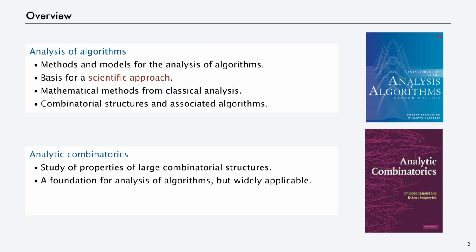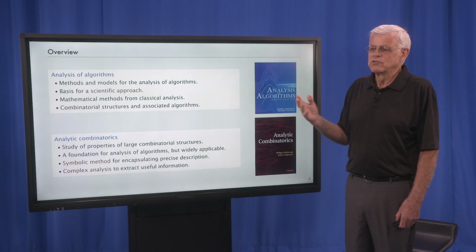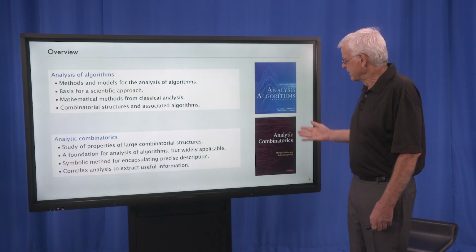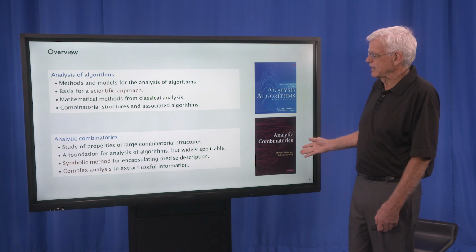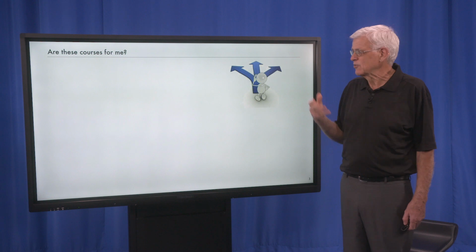It's a foundation for the analysis of algorithms, but it's also widely applicable to other scientific disciplines. We use the symbolic method to encapsulate a precise description of combinatorial structures, and we use complex analysis to extract useful information. So the follow-on course used to be called Analytic Combinatorics Part 2. Now, to match the book, we call it Analytic Combinatorics. So let's go into analysis of algorithms.